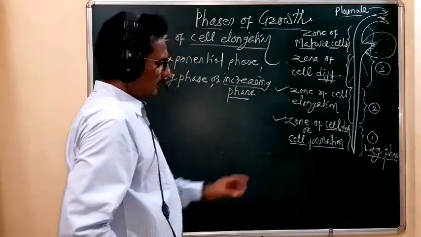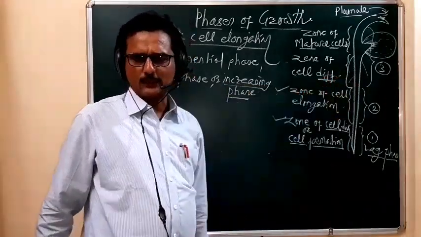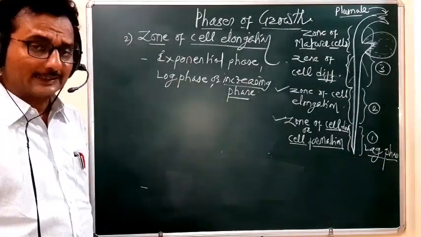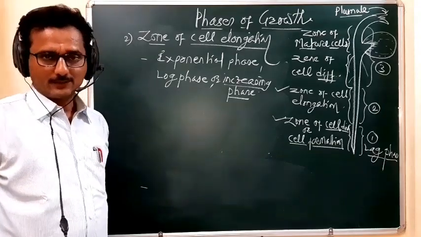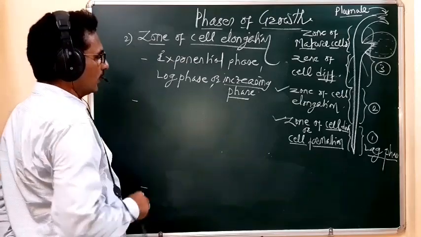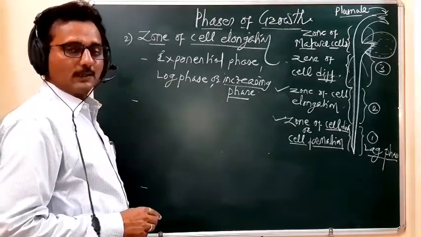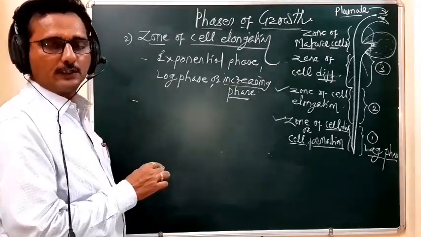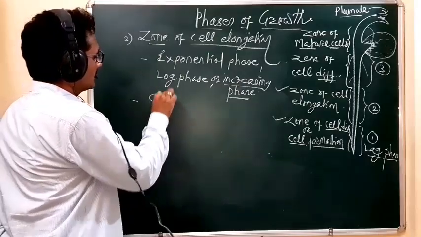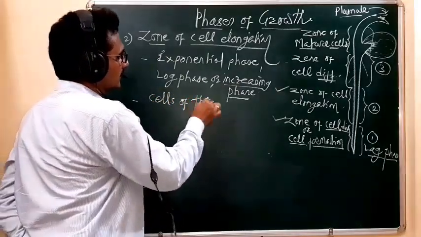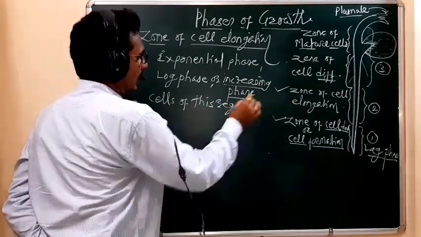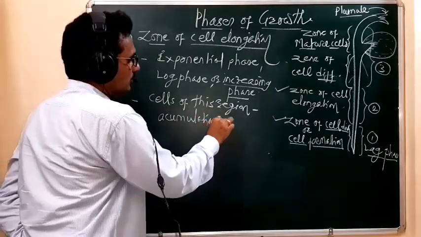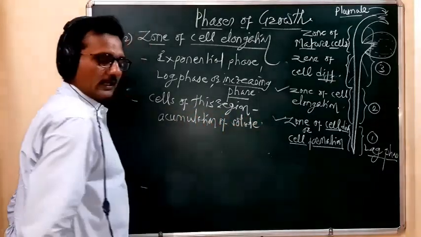So what happens in the zone of elongation or this increasing phase? The cells get elongated. Elongated in the sense that the cells of this region show the accumulation of solute.